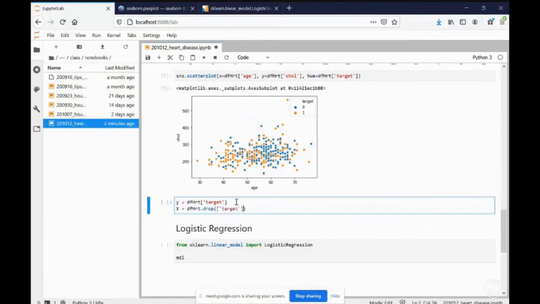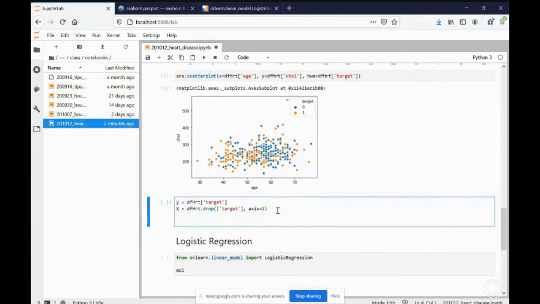We're going to use all the other columns. And remember, we have defined whether it's a column or a row, so we're dropping with axis equals 1, which is the column. And then x_train, x_test, y_train, y_test is train_test_split of x, y, and then we set our test size. Let's leave it as 0.2 like we always do.